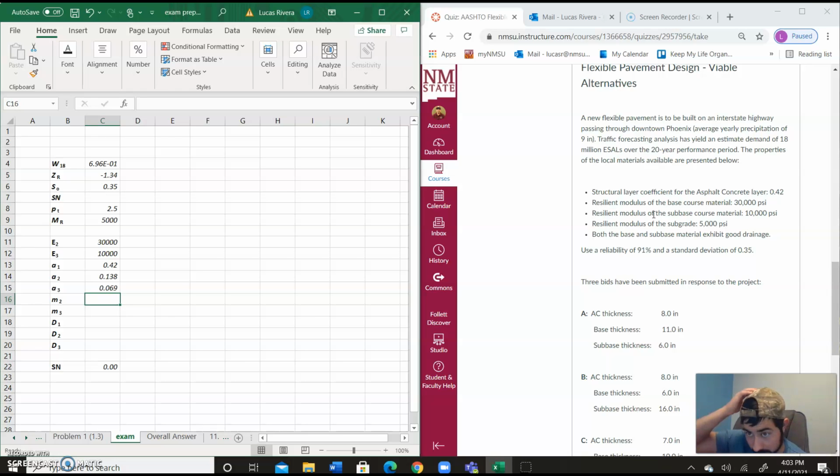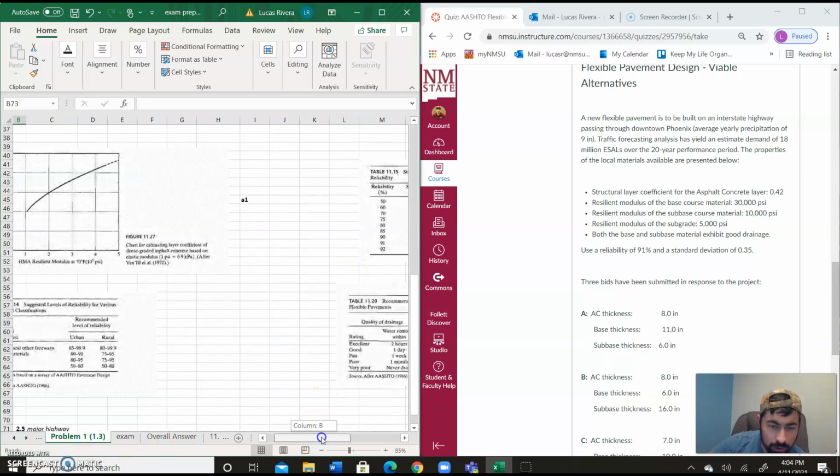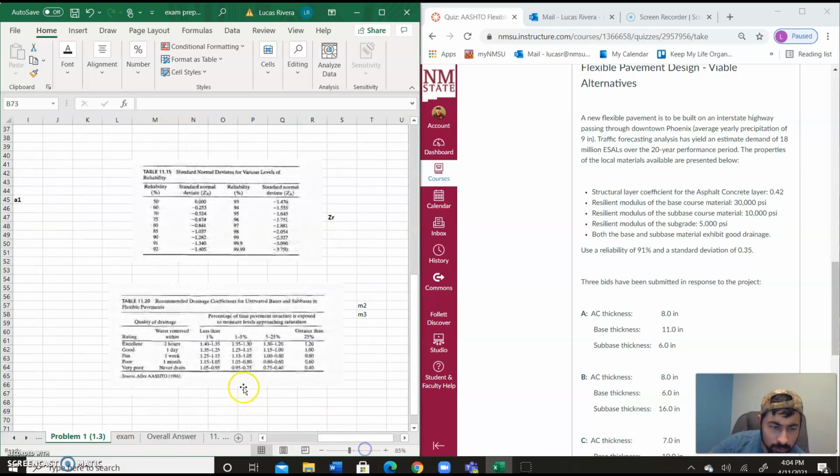Okay, both of them show good drainage. It's in Phoenix. Phoenix never gets rain.